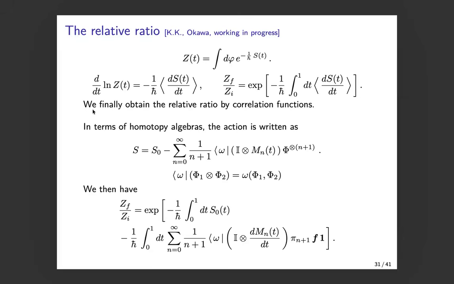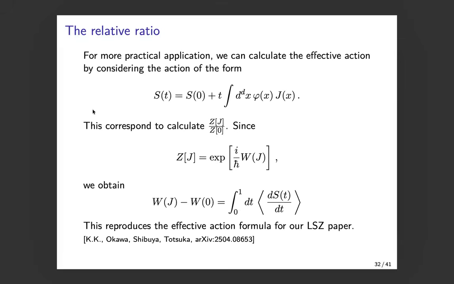This formula is valid for the general case when we interpolate the partition function from zi to zf by using S of t. And for more practical application, we can calculate the effective action by considering the action of the form like this.